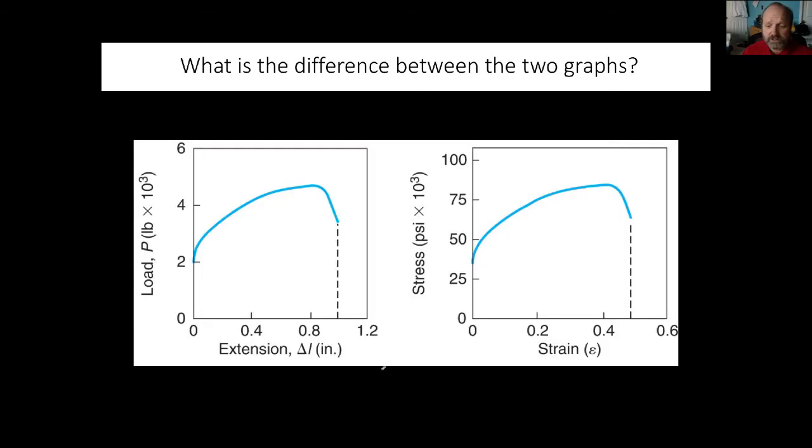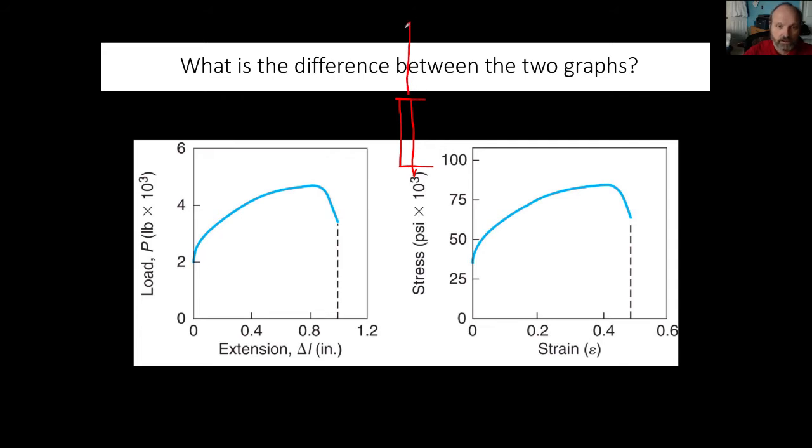All right, so here's some really cool graphs. On the left side, you see the load as a function of extension. This is basically what your tensile testing widget is measuring. You put your cylinder sample in your tensile tester, and you put a load on it.